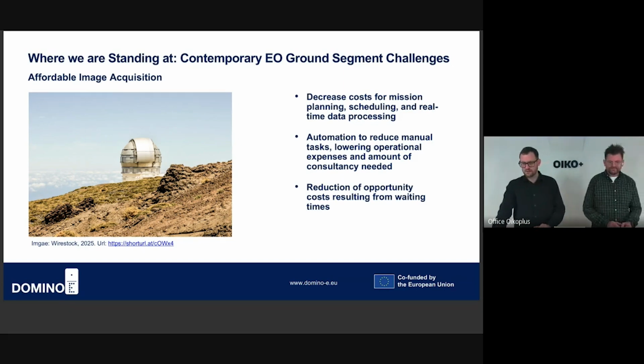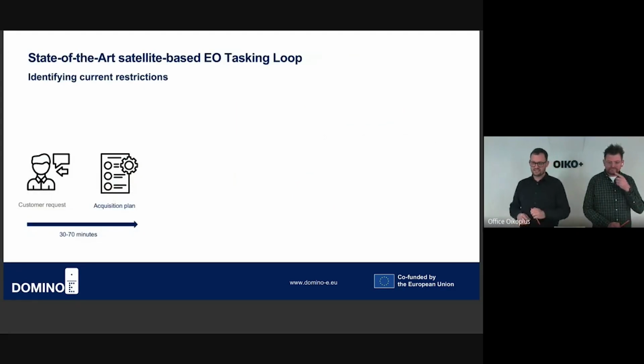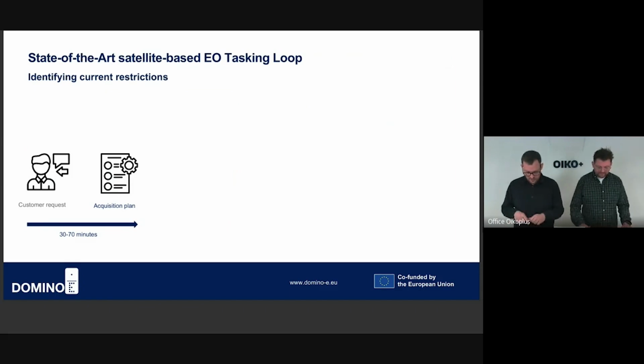So what happens when a person actually asks for a picture from space? This whole task begins with a customer who asks for a particular image of the Earth. It could be to monitor crop health in this area. It could be to get an idea of a certain disaster area.